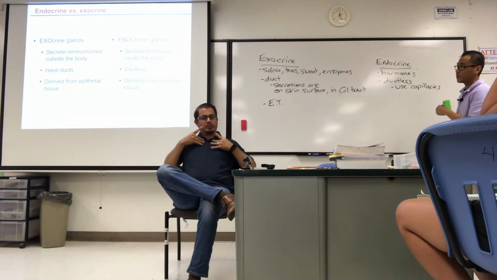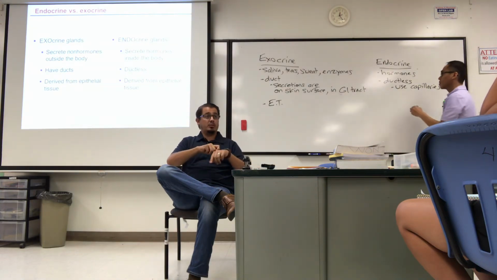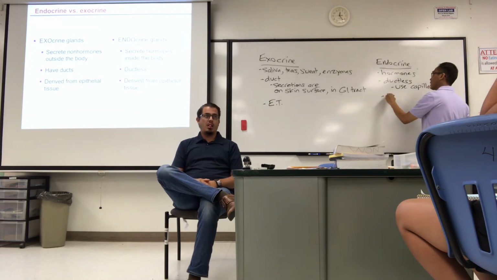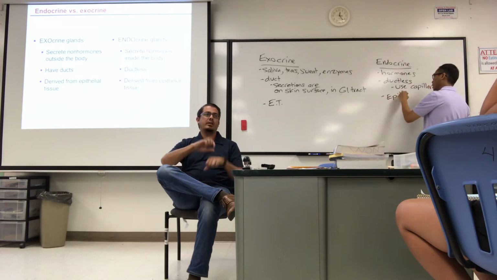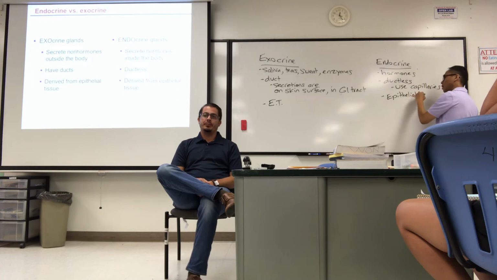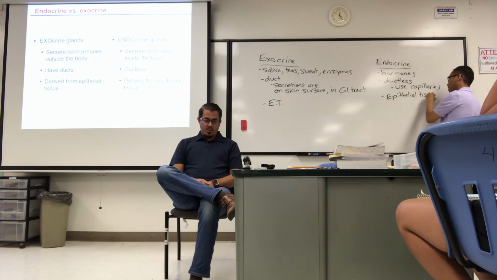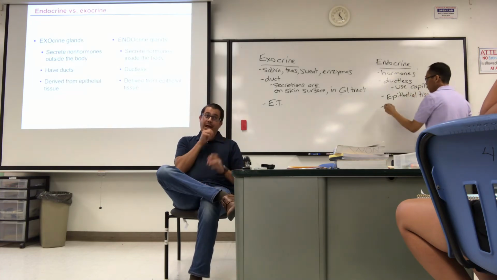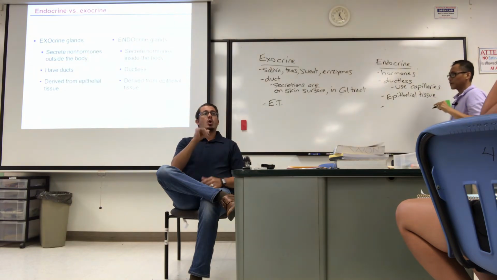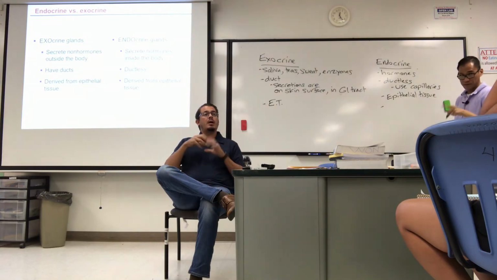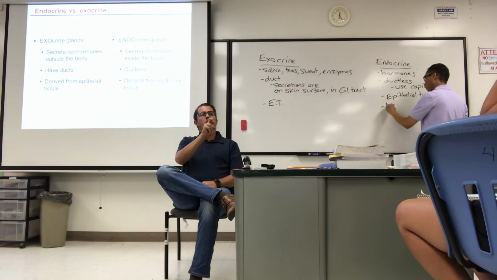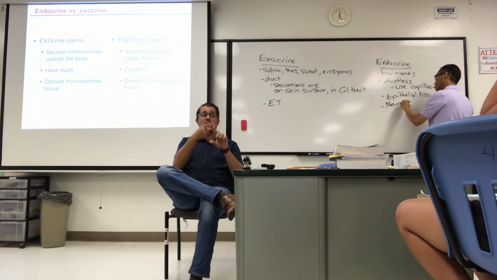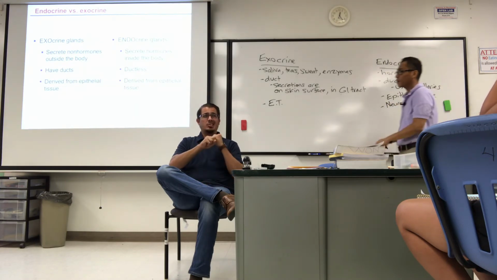Now, they're derived from epithelial tissue as well. I'm writing it out this time. But there's also hormones that can be secreted from neurons. That's something you may not have heard of before. Neurons secrete hormones. I'll write both of them on there.